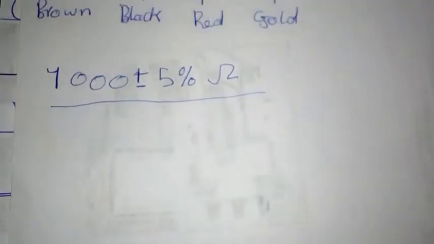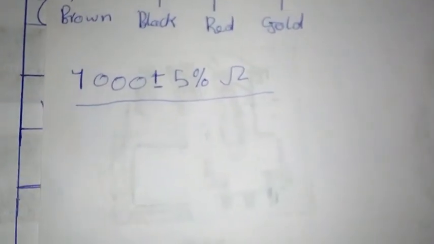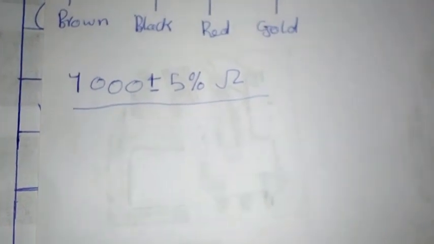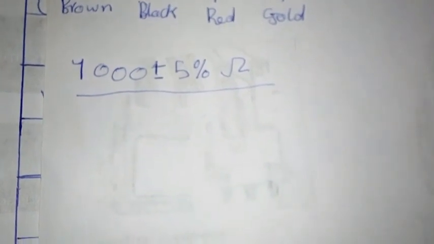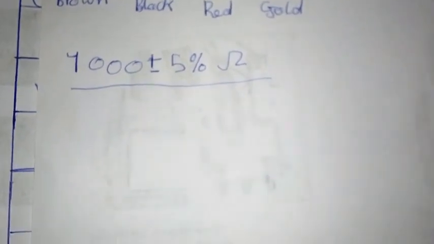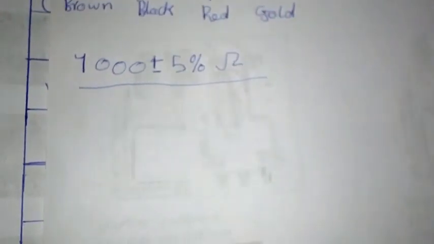So when you measure, even with your multimeter, you discover that the value could sometimes be a bit closer to or lesser, or sometimes you could just get the exact value. Like this 1000 ohms, you could measure and it gives you 1000, or around 900 and something, or 1000 and something.